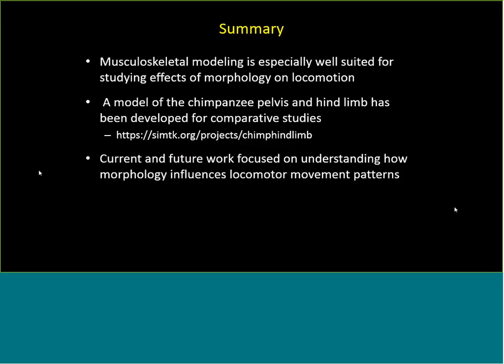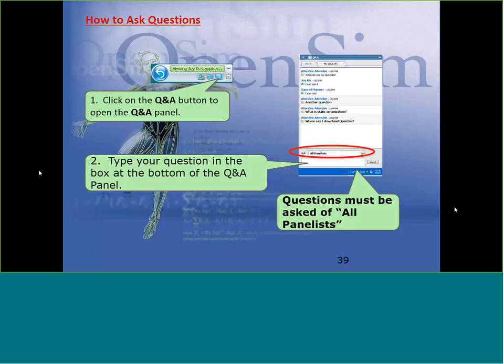Our continued work with it is going to be done in concert with human modeling and simulation studies, and, as I mentioned earlier, complementary simulation studies based on models of extinct human ancestors to really get a better idea of how morphology influences our movement patterns and locomotion and how this may be related to the evolution of human bipedalism. So I will stop there and turn it back over to Jim.